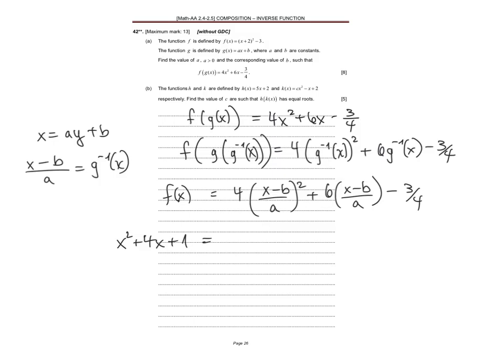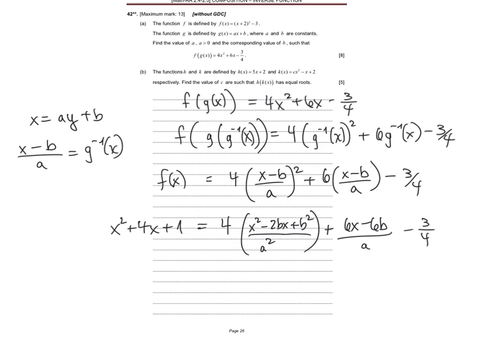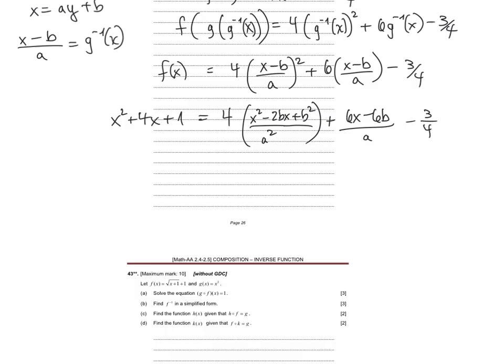All right, if we expand this side out, we're going to have 4a squared on the bottom, and we're going to have x squared minus 2bx plus b squared, plus 6x minus 6b over a minus 3/4. All right. And then we're going to distribute this.